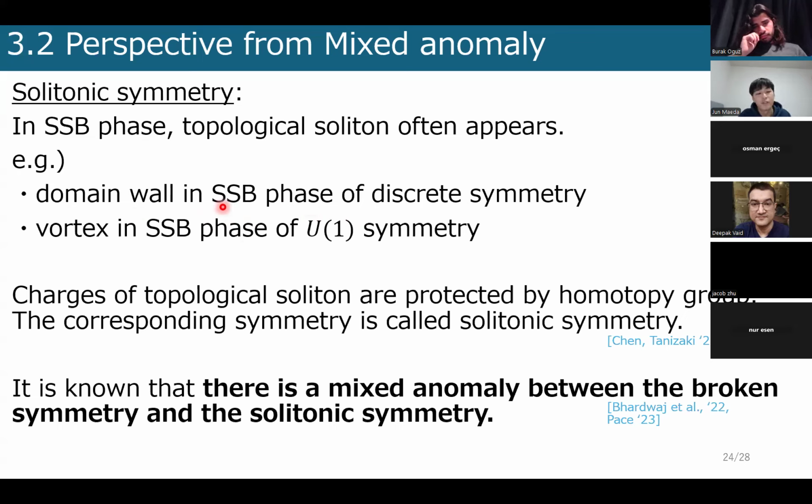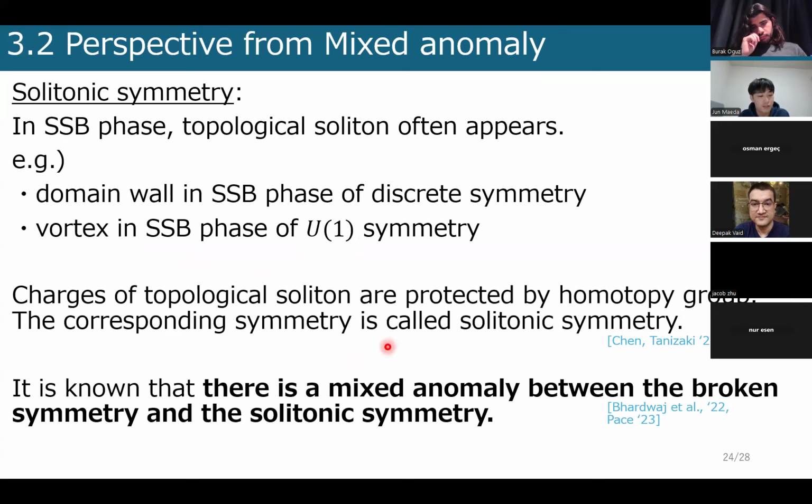For example, the domain wall is protected by pi zero of the symmetry group, and the charge of the vortex is protected by pi 1 of U1. So in general, charges of topological solitons are protected by some homotopy group. And the conservation of charge means there is some symmetry, and we call the corresponding symmetry a solitonic symmetry.